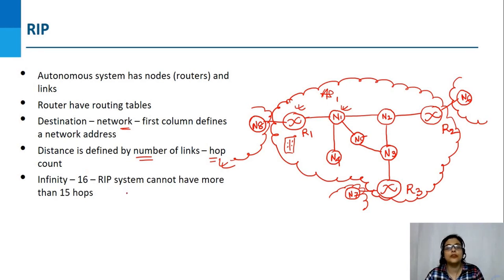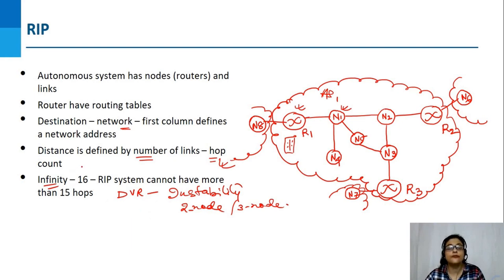Now we have seen previously in distance vector routing there is a problem of instability. We have looked into 2-node as well as 3-node instability, and we have seen how the hop count becomes infinite after a certain period of time due to this instability.